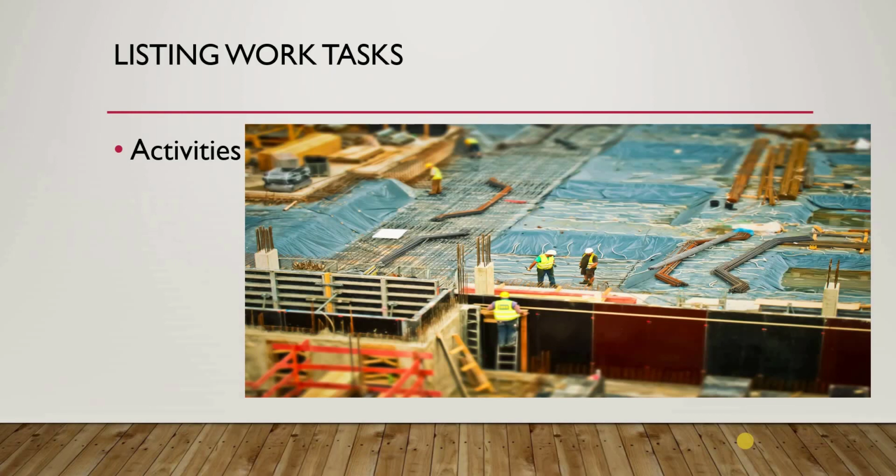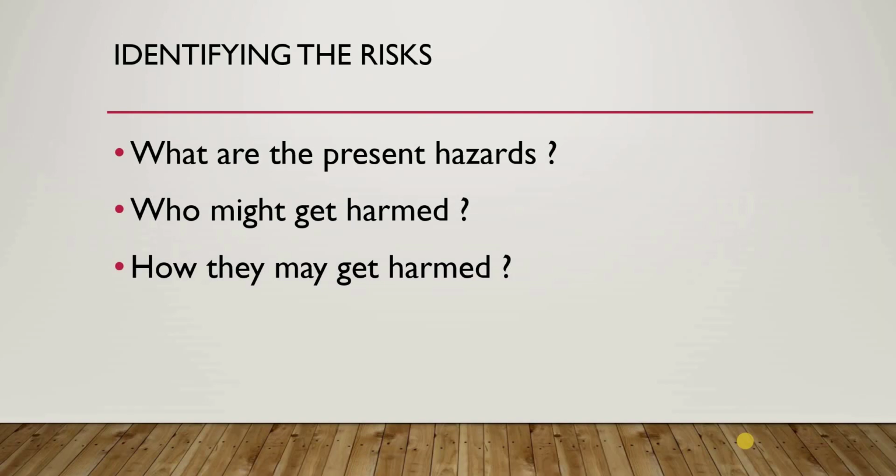It's also really important what they are doing. They may be doing any kind of activities in the workforce environment, so we have to list this as well. Now we have listed all the things, like the location, the workers, the equipment and the activities. So we have listed our tasks for the workforce environment.